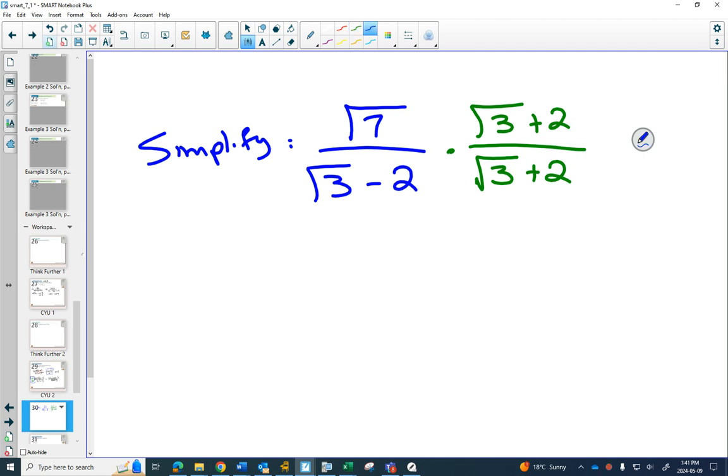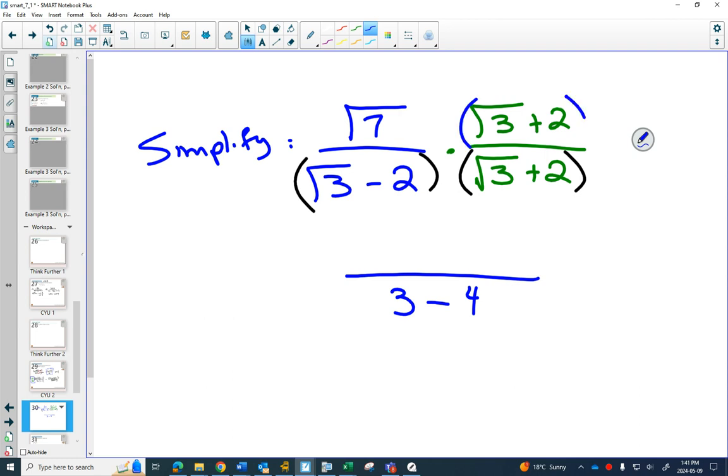The reason that is helpful is that means on the bottom I have a difference of squares. And a difference of squares will be this one times this one, which is just 3, minus this one times this one, which is 4. And the top will be distributed: square root of 21 plus 2 square roots of 7.